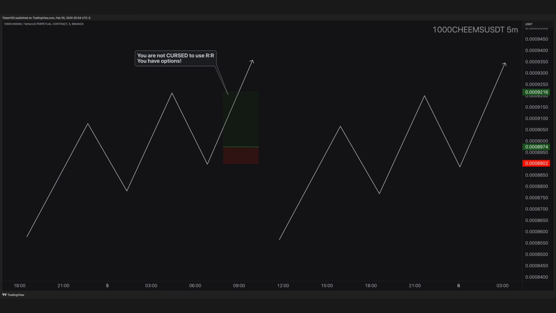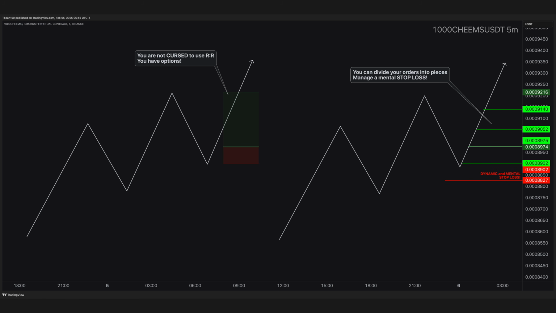There are other ways of trading, like my yo-yo style trading from the masterclass. All we do is a very simple price action of dividing orders into pieces and making multiple entries instead of making entry at once, while we dynamically manage our stop losses and give our trade some room to breathe and recover.